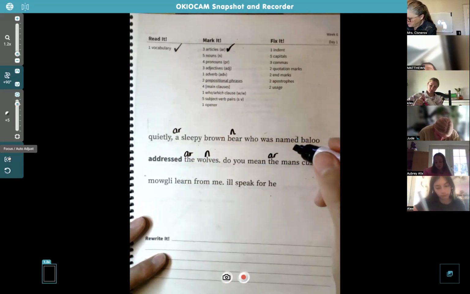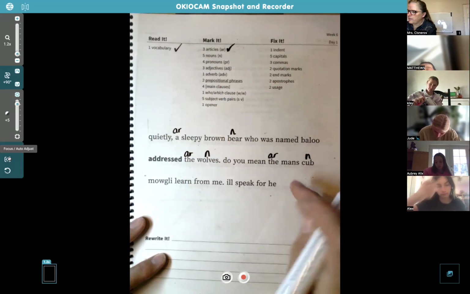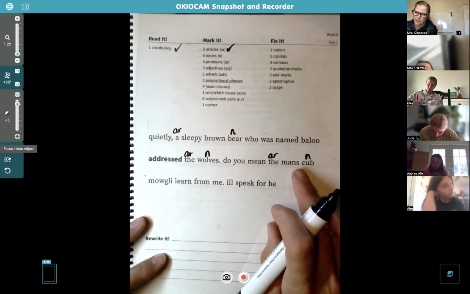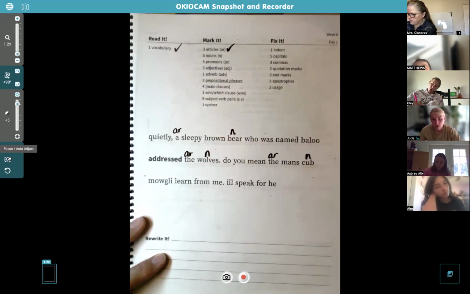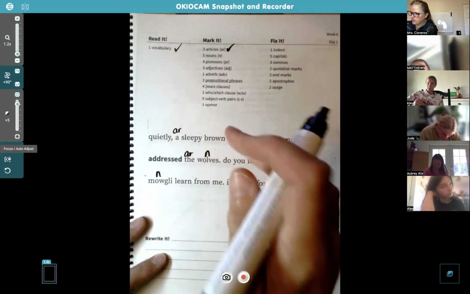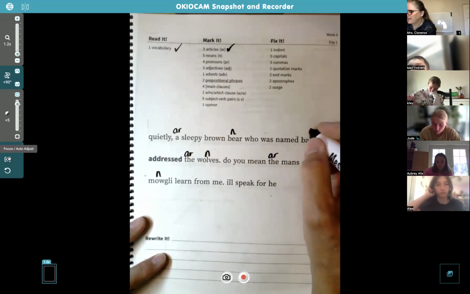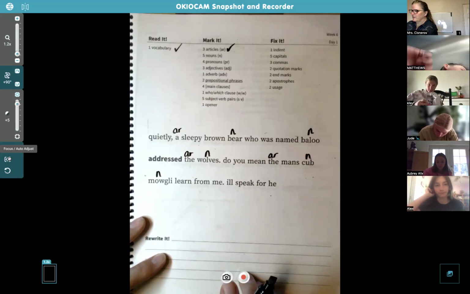Man's cub. So cub, but man's is later, we're going to have to put an apostrophe in there. So it's going to become an adjective. And Mowgli. That's 1, 2, 3, 4. How many are there? There's one more. 5. And it's another name. Baloo. Or Baloo, I think is how you pronounce it.